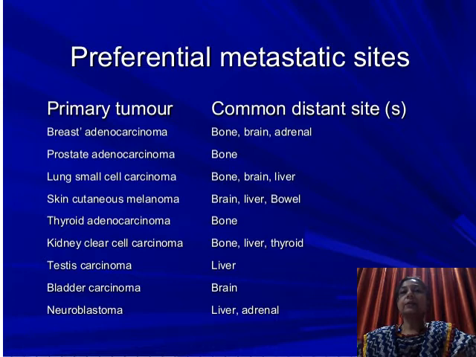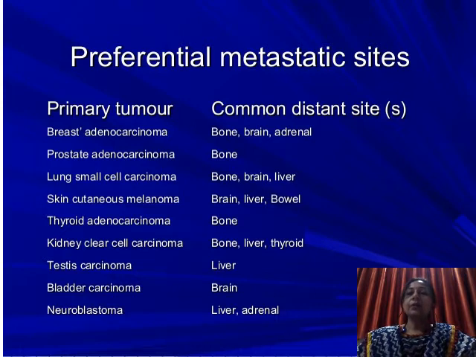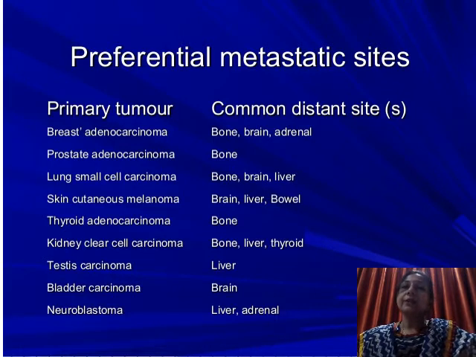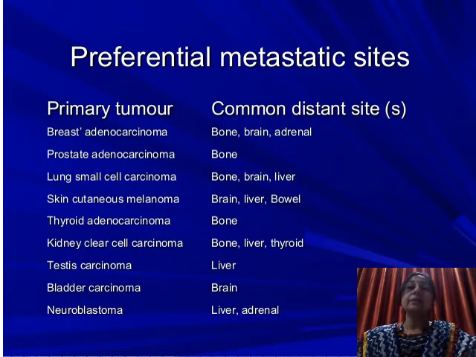Kidney clear cell carcinoma goes to bone, liver, and thyroid. Testicular carcinoma commonly spreads to the liver. Bladder carcinoma commonly goes to the brain. Neuroblastoma commonly goes to the liver and adrenal. So there is a preferential site for many malignancies to metastasize. The common distant metastatic sites for each malignancy are different.